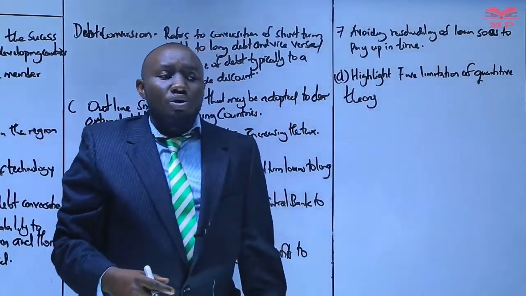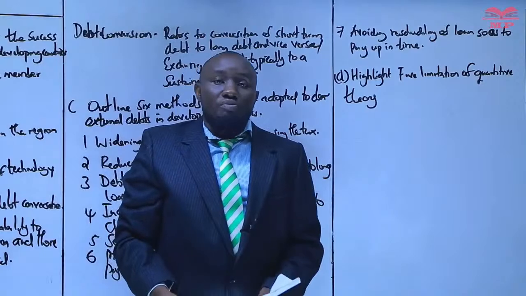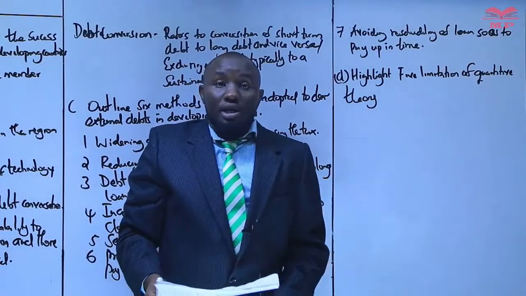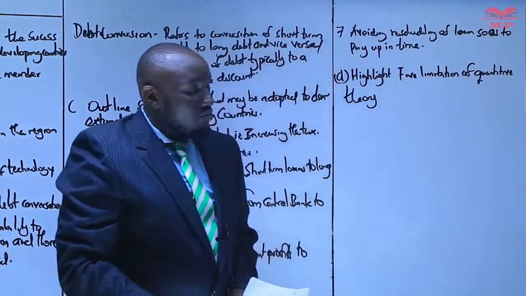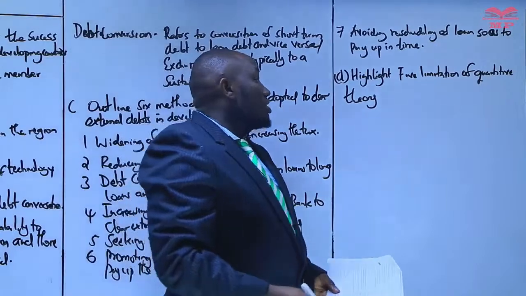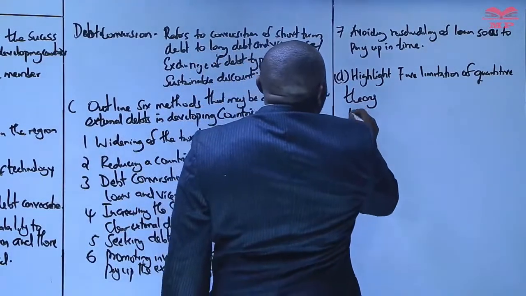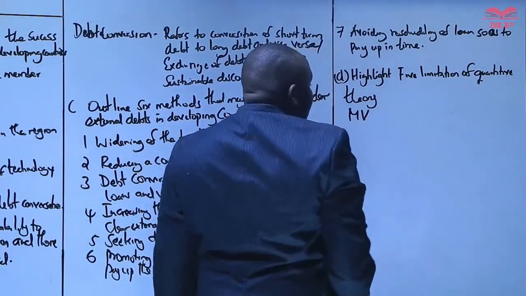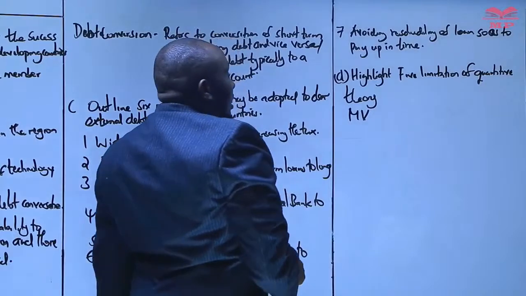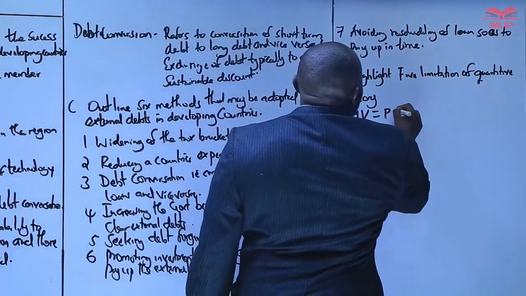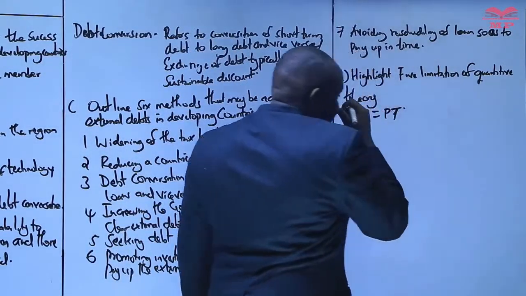So we need to understand what the quantitative theory of money talks about. It talks about MV, which is money supply times velocity, equals price levels times the number of transactions.